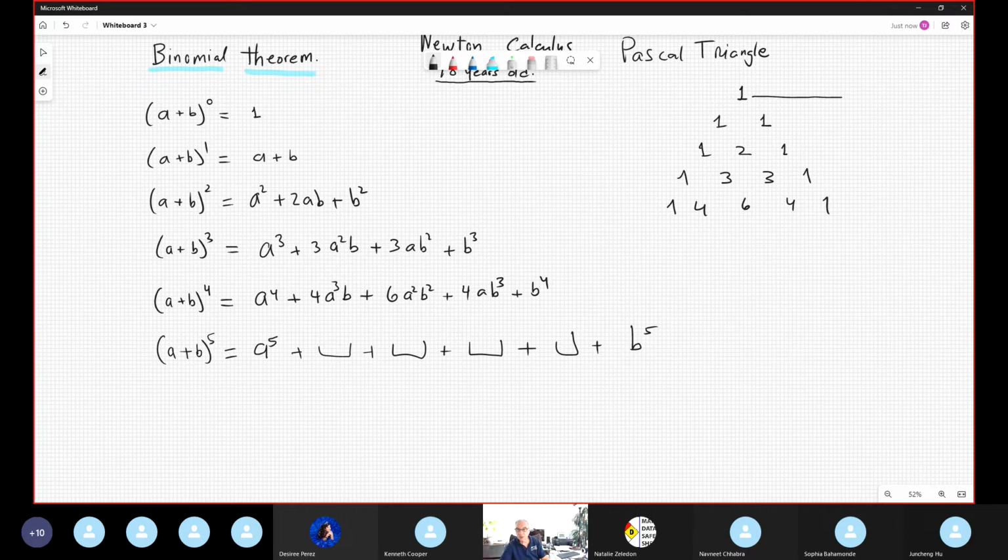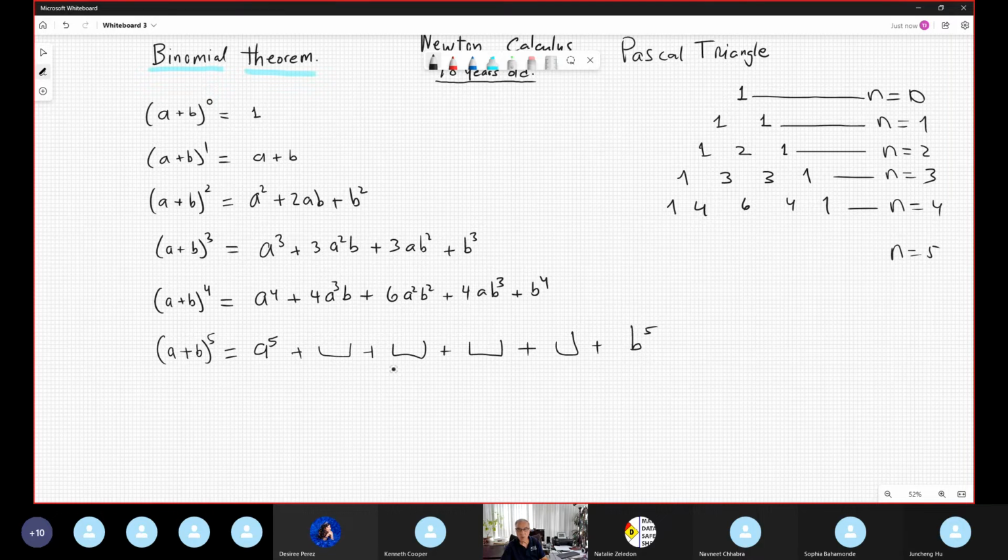Okay, this row is for n equal 0, this is for n equal 1, this is for n equal 2, this is 3, and this is 4. I want to predict the next case, 5. And you see, wow, look, this is an important moment. You see that each number comes from adding the two numbers above it. 1 plus 2 is 3.